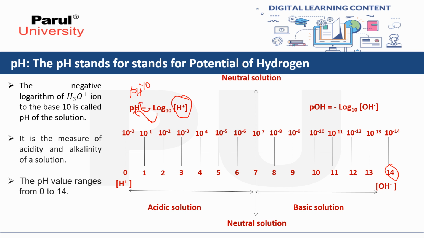So if we want to find out the concentration of H plus ion, suppose the pH is 2, then the concentration of H plus ion is 10 to the power minus 2. Hence the concentration is written as 10 to the power minus pH. This minus sign is shifted here.